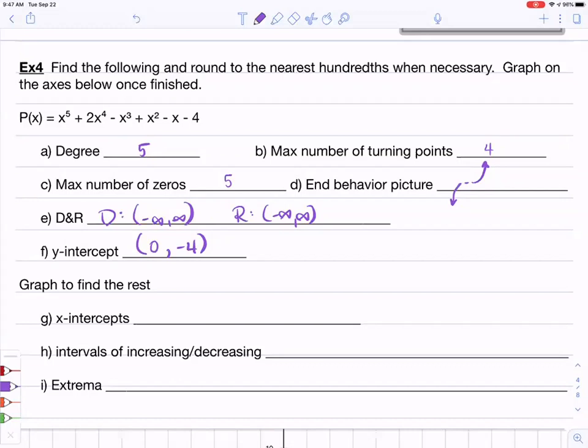So go to Zoom 6. Remember, that's your standard window from -10 to 10 and from -10 to 10. Let's all just be looking at the same screen. Show your screen to somebody close to you, and let's make sure that we're all looking at the same screen once you've graphed it.